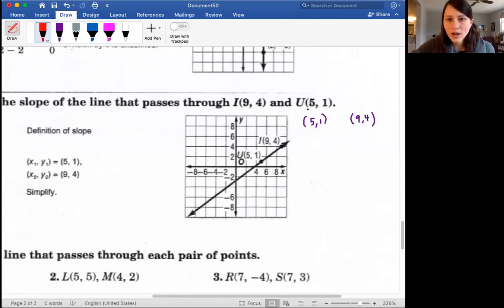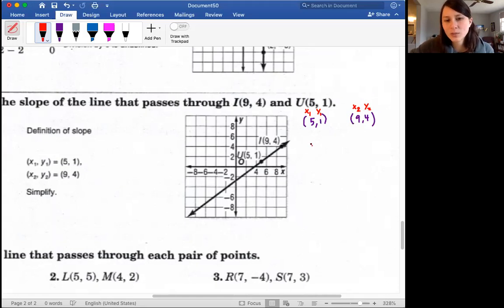You're going to describe this as x1 and y1, because this is the first point and every point has x and y, right? The second point I would label as x2 and y2, because this is the second point.